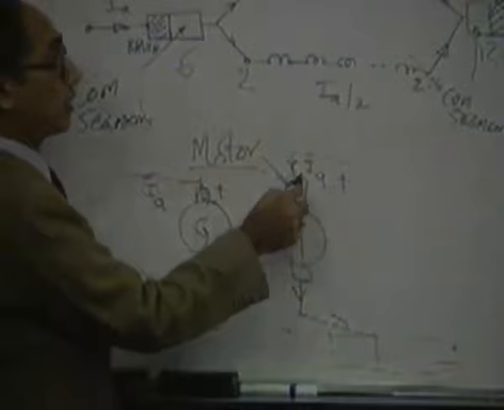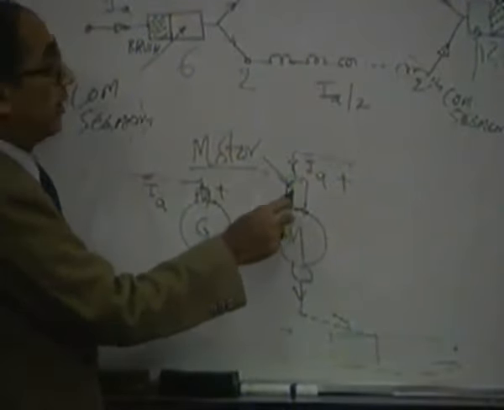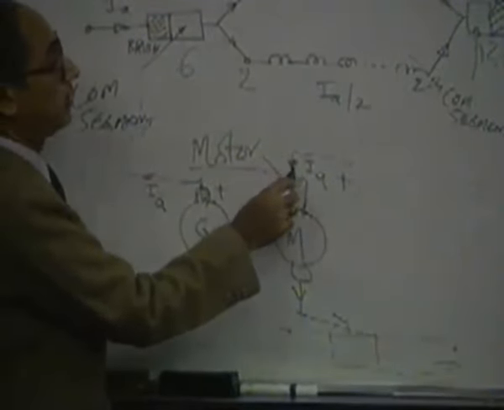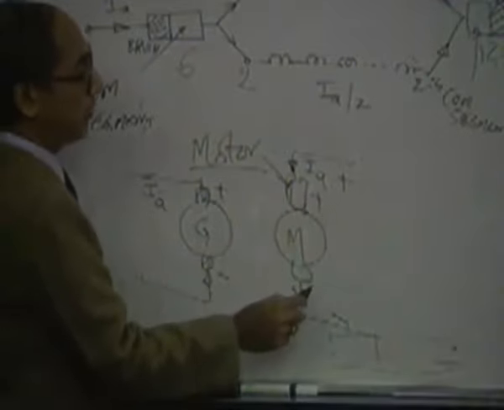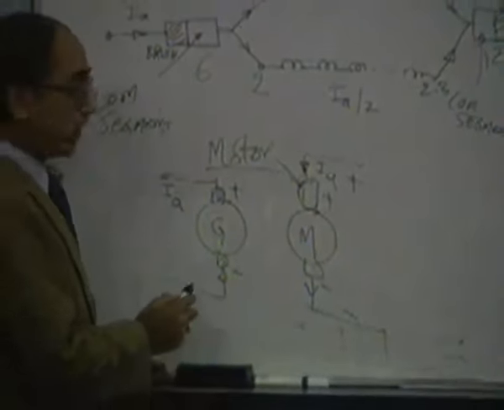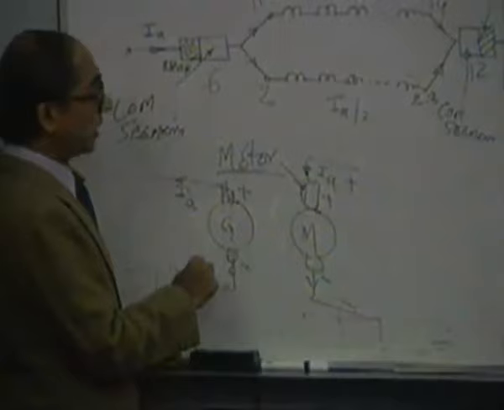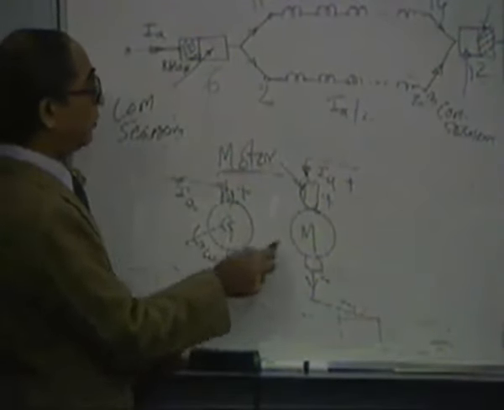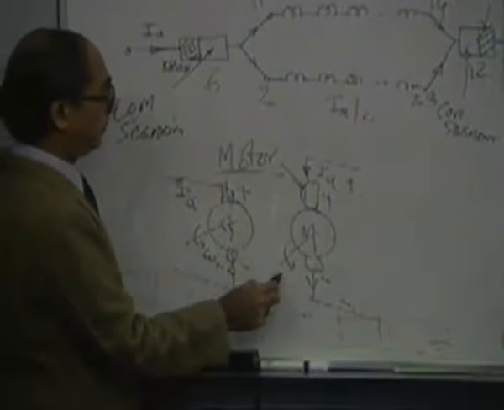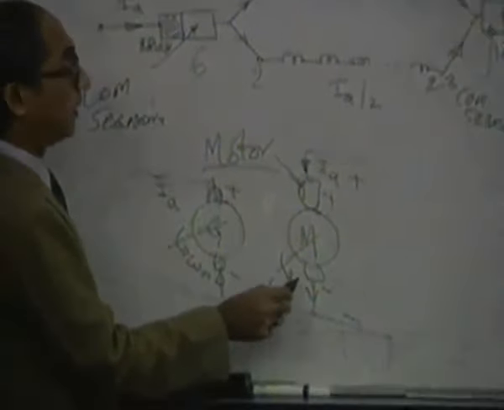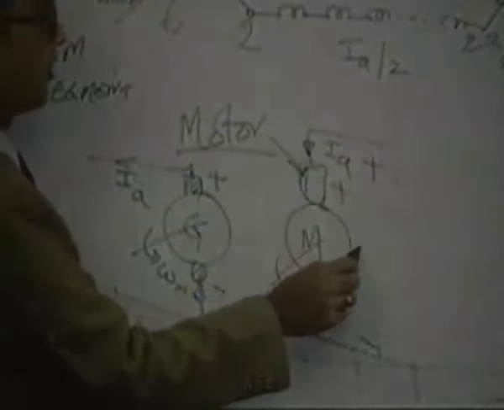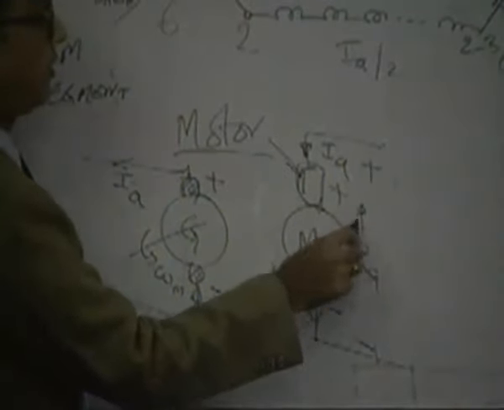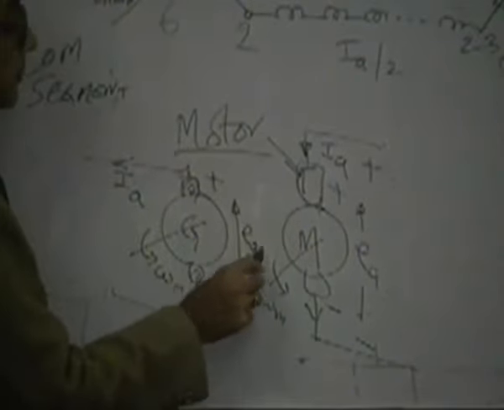In a motor, when it is entering it is a positive brush, when it is coming out it is a negative brush. So if the direction of rotation is the same, the voltage induced will be the same for the same flux, only the current direction would change.